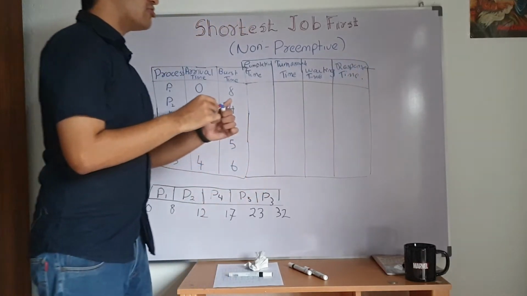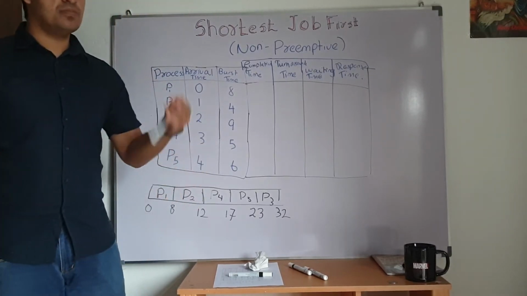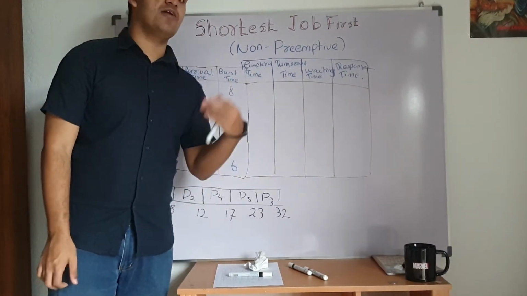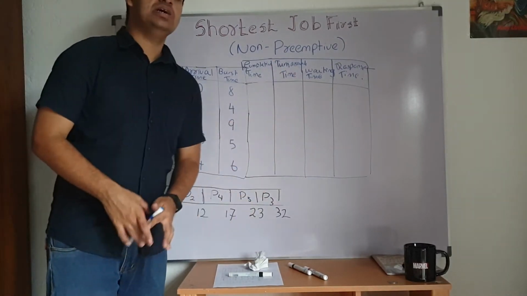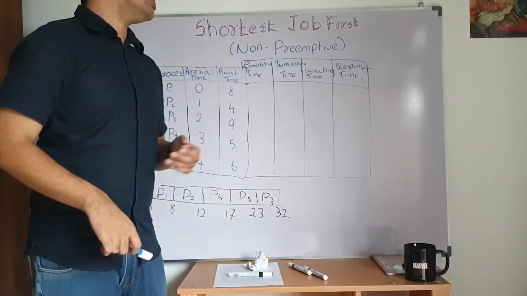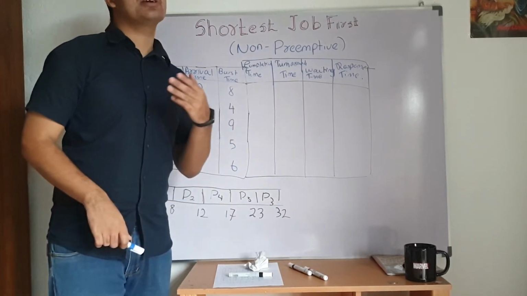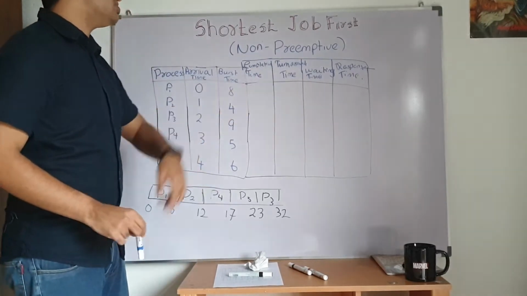So what is turnaround time? Turnaround time is the total time taken by a process from the beginning until its termination. Waiting time is the time spent by a process in the ready queue. Response time is the total time taken by a process to commence. Those are the definitions of these three.